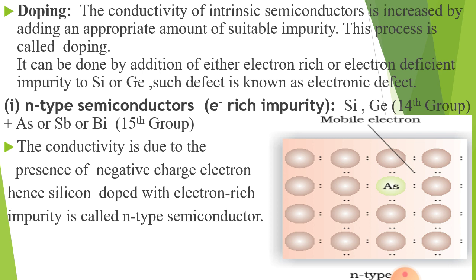Due to this electron, these conductors are known as N-type semiconductors. Here the conductivity is due to the presence of negatively charged electrons. Hence, silicon doped with electron rich impurity is called N-type semiconductor.